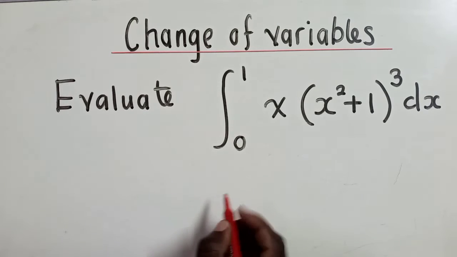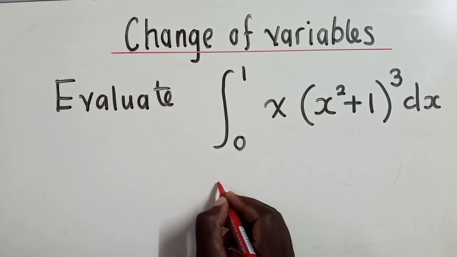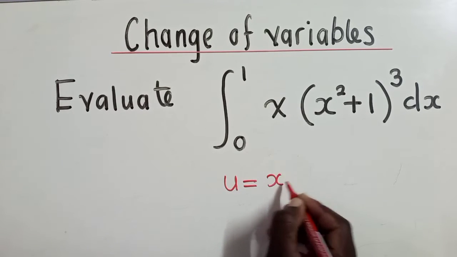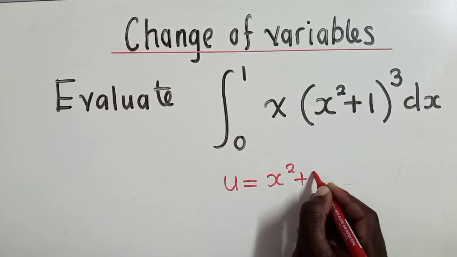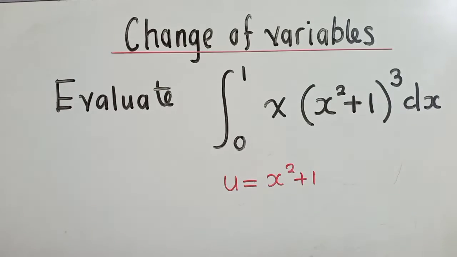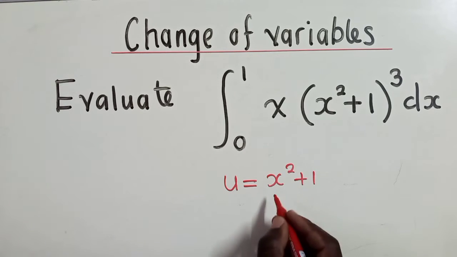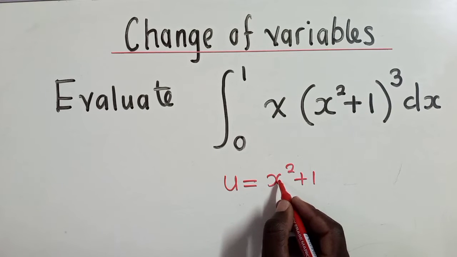So change of variables, the first thing must be to say u is equal to x power 2 plus 1. So you just get what is inside here. The next thing here will be to change now, make x subject of the formula. So how will this look like?